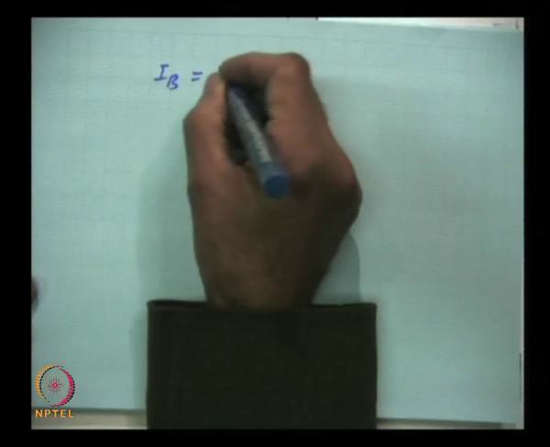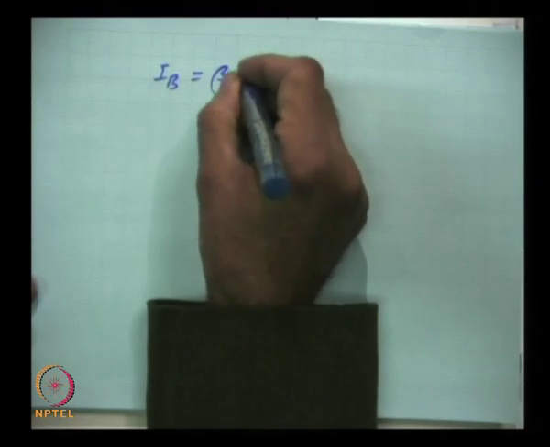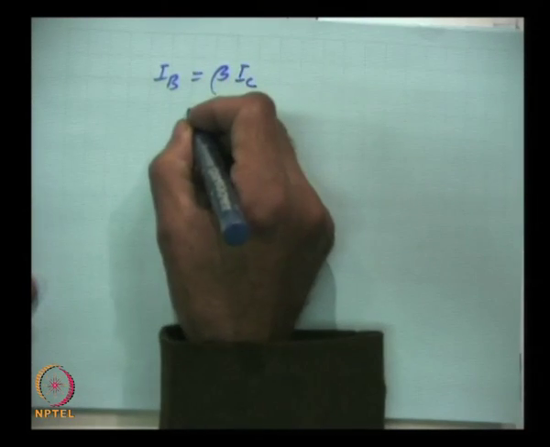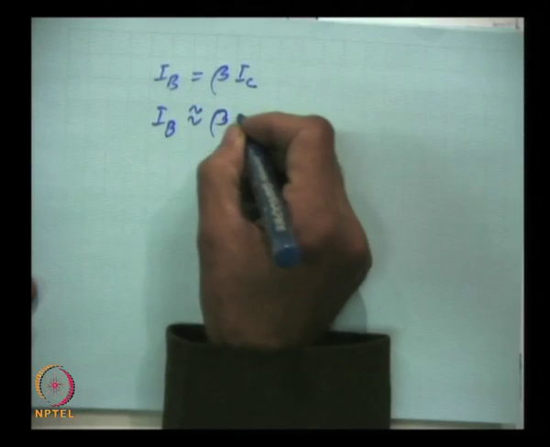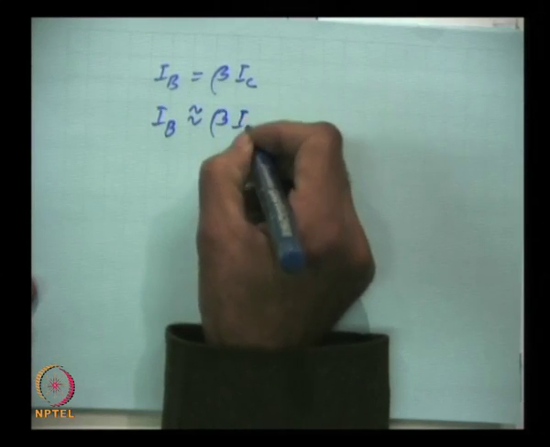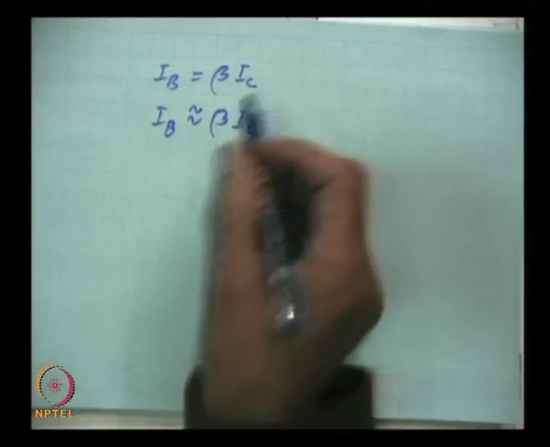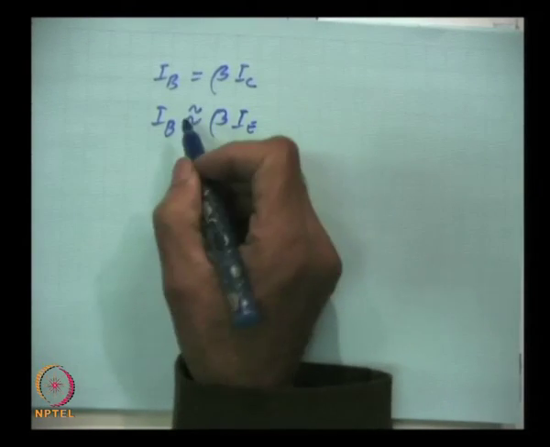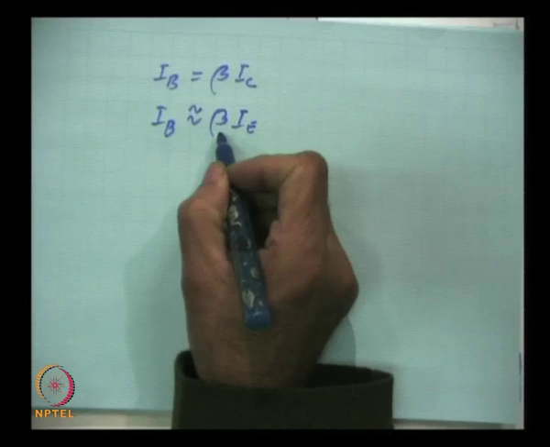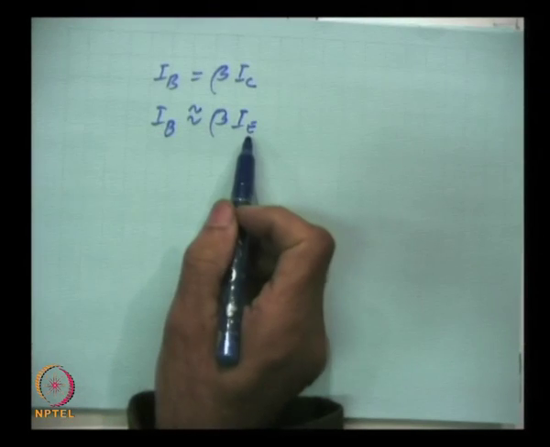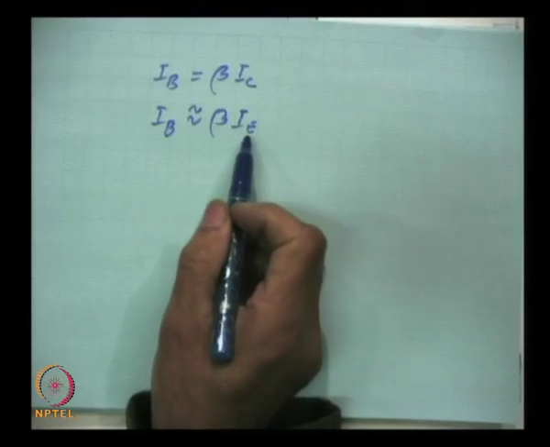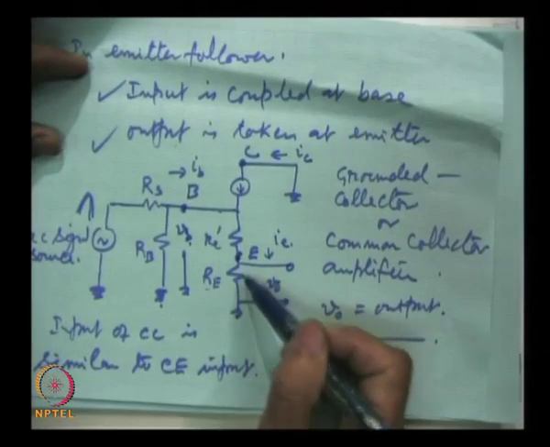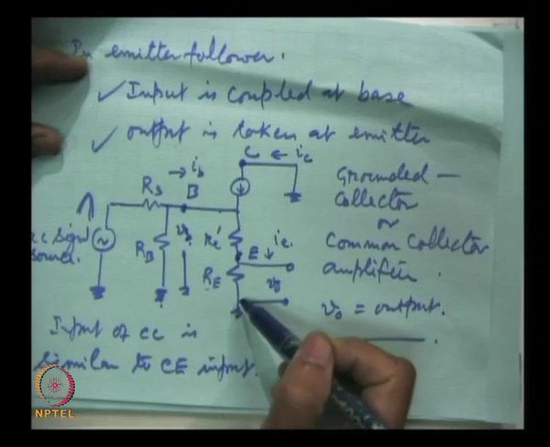I_B is I_C divided by beta, which is very close to I_E divided by beta. So, beta being constant, if I_B increases, I_E also has to increase, and once I_E increases, then this voltage will also be high.